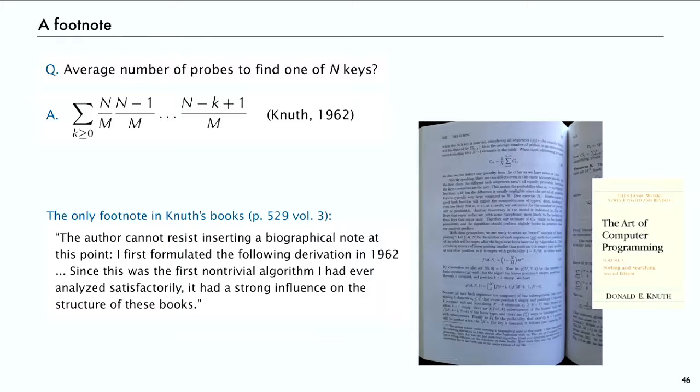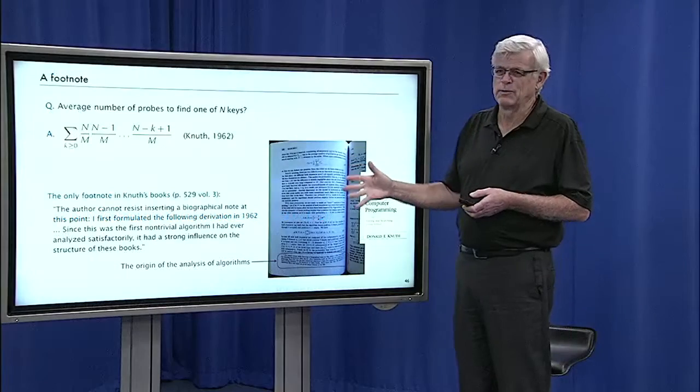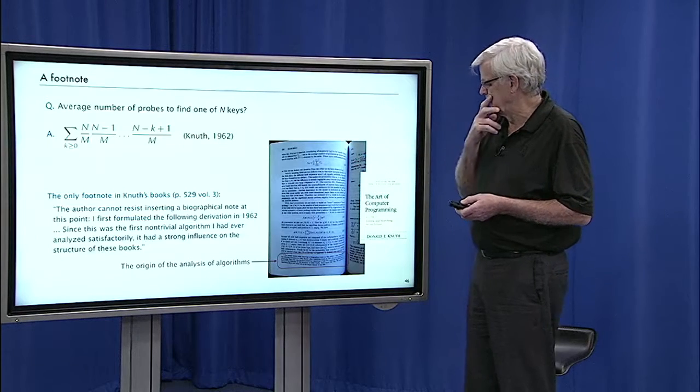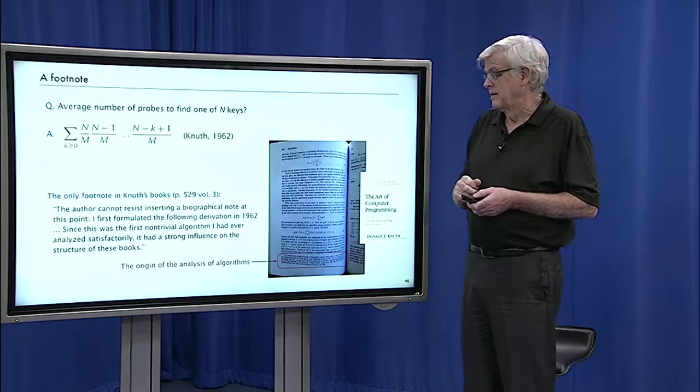But he said he couldn't resist putting in this 1 footnote that said that he formulated this derivation. It was the first non-trivial algorithm he had ever analyzed satisfactorily, and he says it had a strong influence on the structure of these books. It really is where the analysis of algorithms began, when Knuth solved this problem.